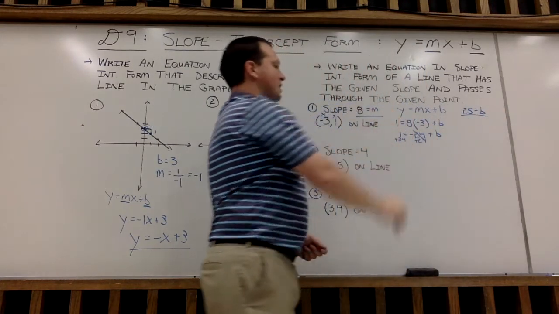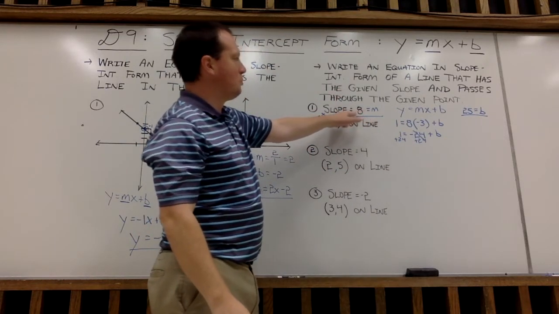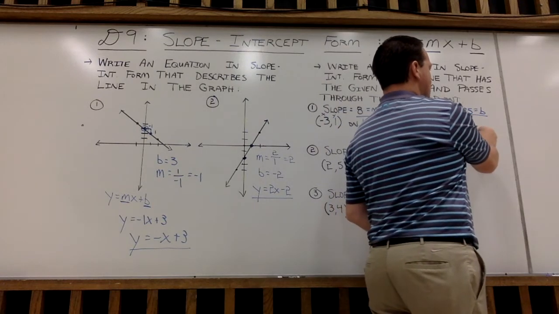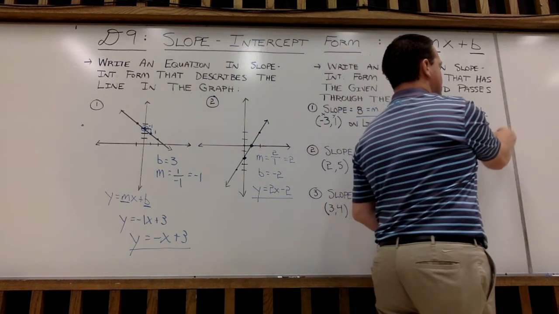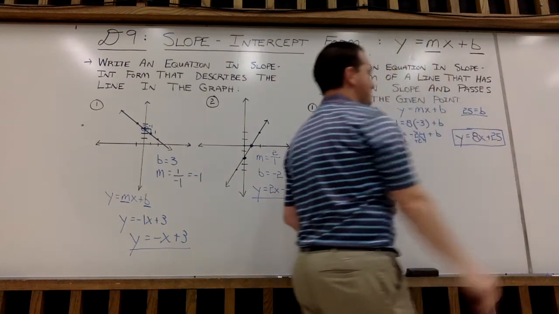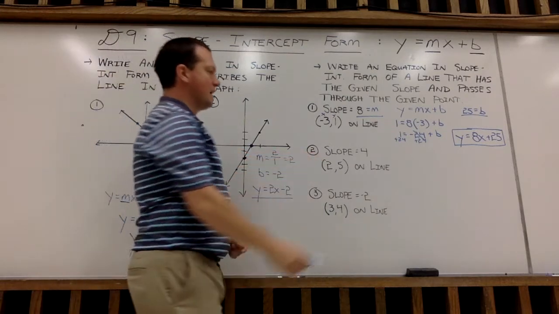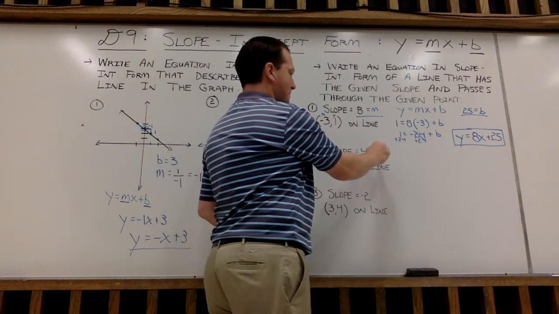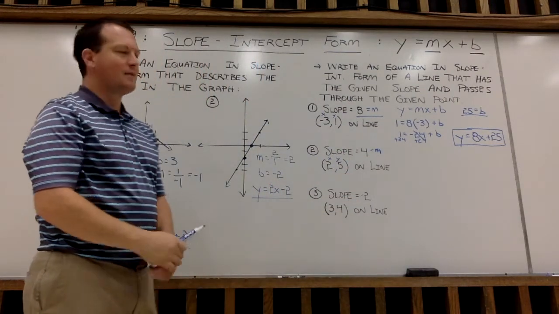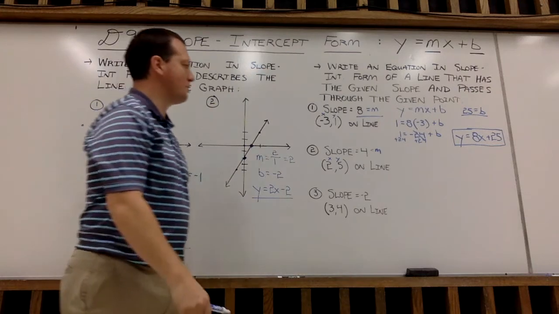So my final equation, general equation of the line, where the slope is 8 and the y-intercept is 25, would be y equals 8x plus 25. So there's my final result. Again, plug in your 3 given values, m, x, and y, solve for b, and then plug in m and b into your general slope-intercept form equation.